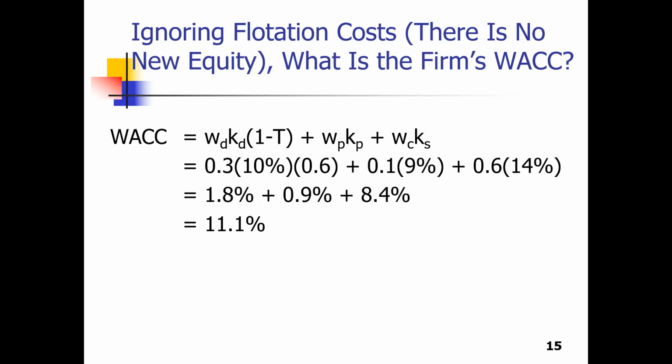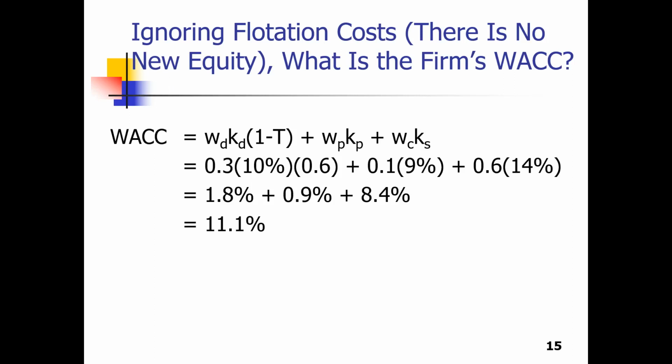In this problem too, the capital structure is given: 30% debt, 10% preferred stock, and 60% common stock. Then it again becomes an easy matter of putting numbers into an equation. 0.3 times 10% times one minus the tax rate of 40%.